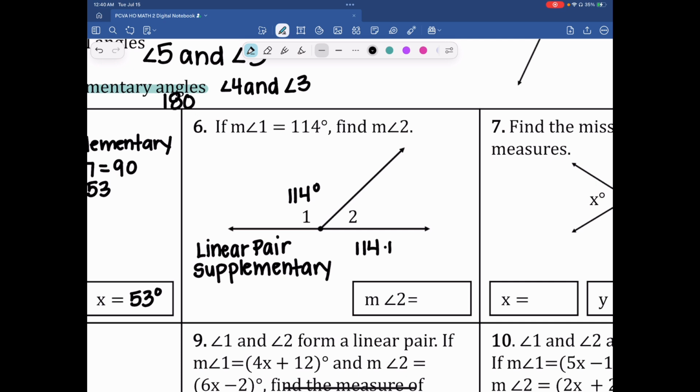So if I say 114 plus the measure of angle 2, or you can call it x, that's going to equal 180. So then we are now able to say that the measure of angle 2 is going to equal 66.